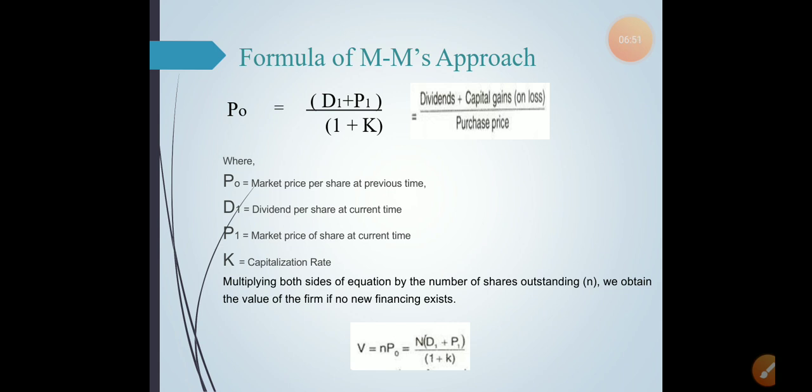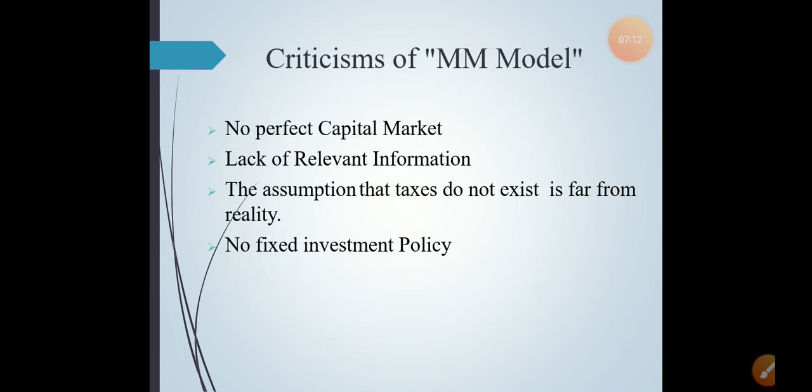D1 stands for dividend per share at the current time, P1 stands for the market price of the share at the current time, and K stands for the capitalization rate or cost of capital. So here we discuss how we find a return. Under this approach, there is no relevance of dividend to the value of the firm.